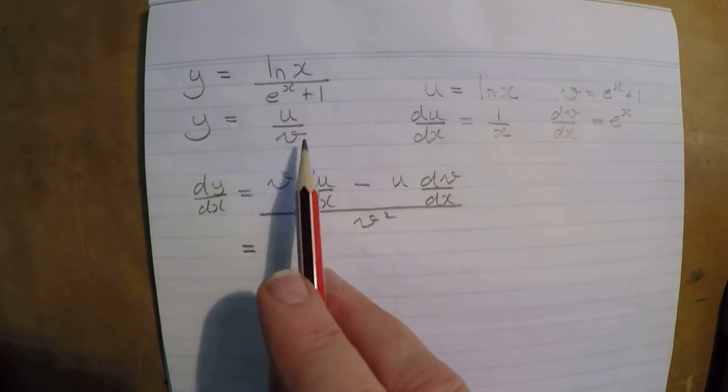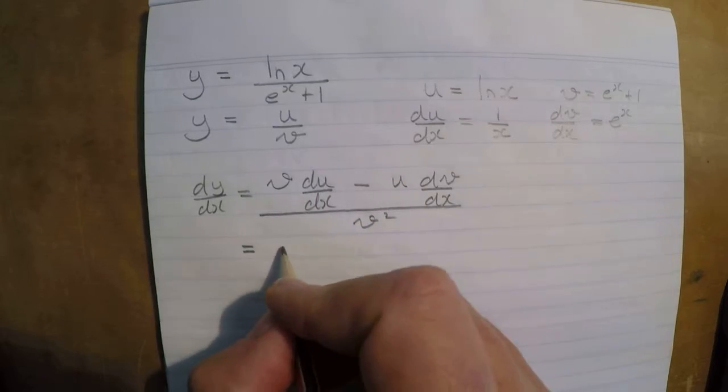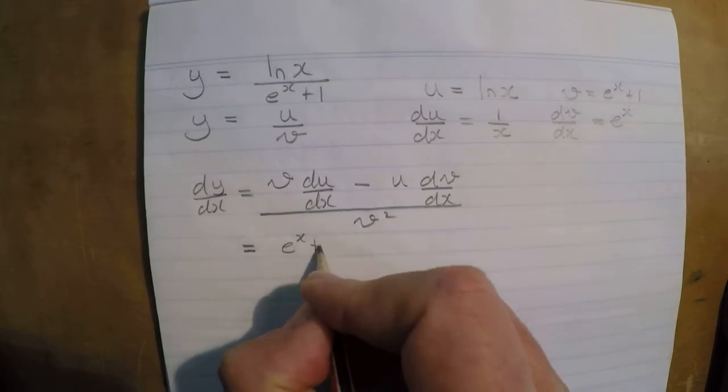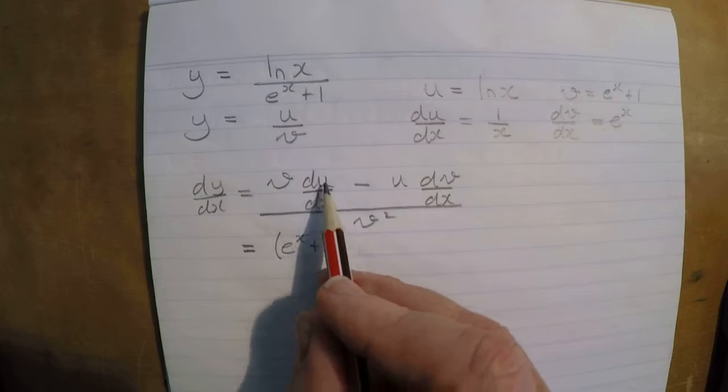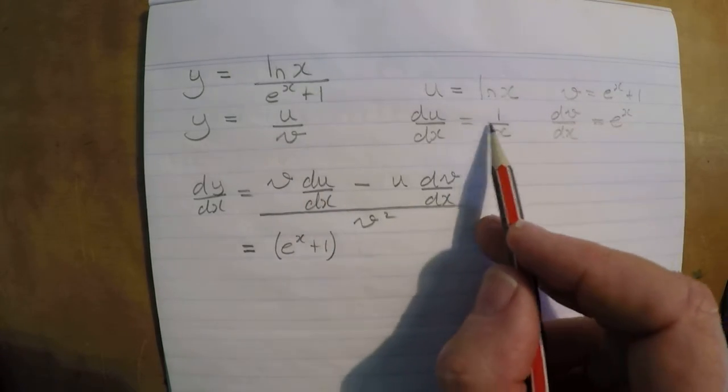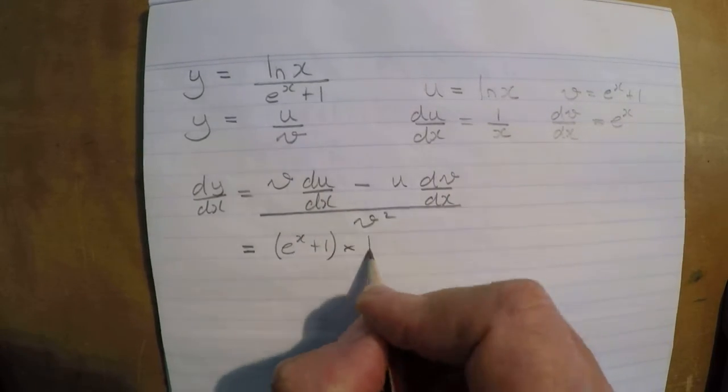v was e to the x plus 1, times du/dx. du/dx is 1 over x.